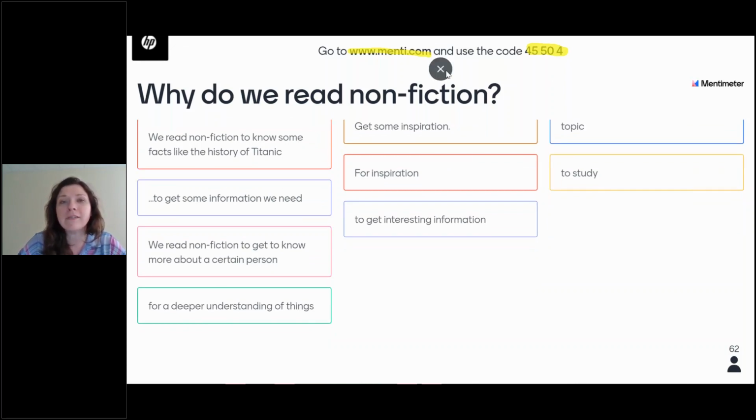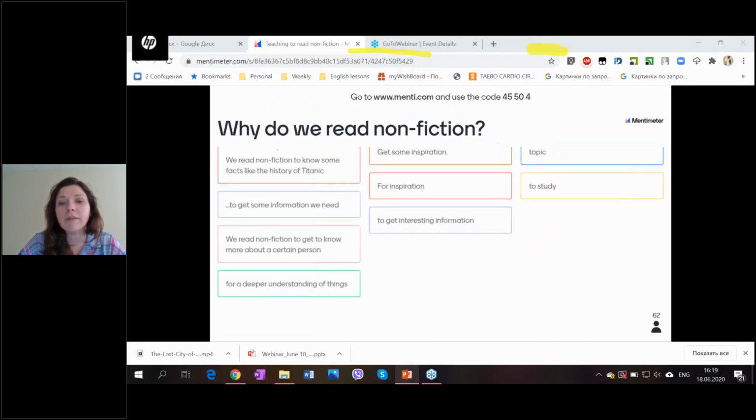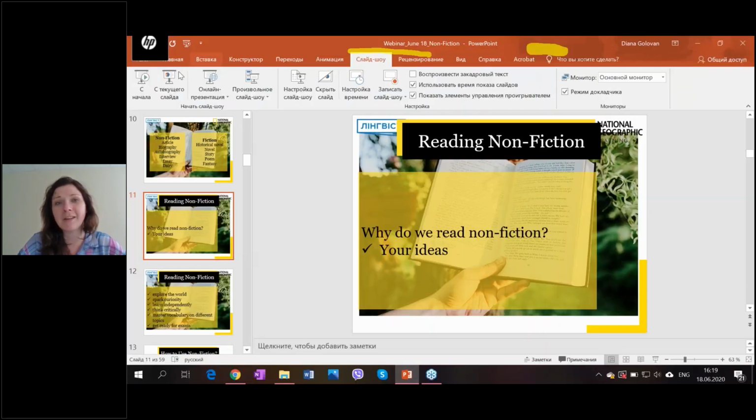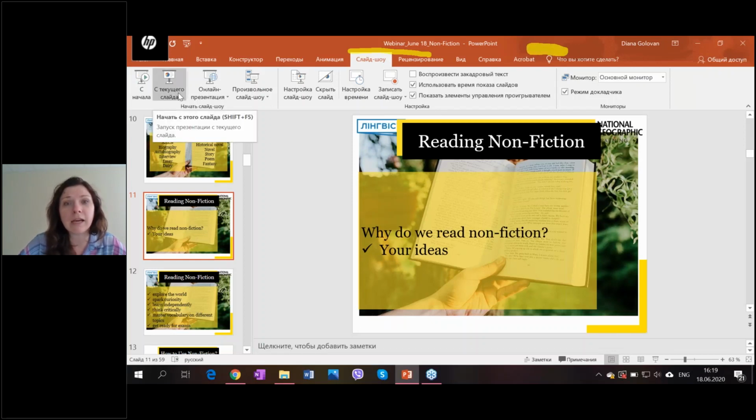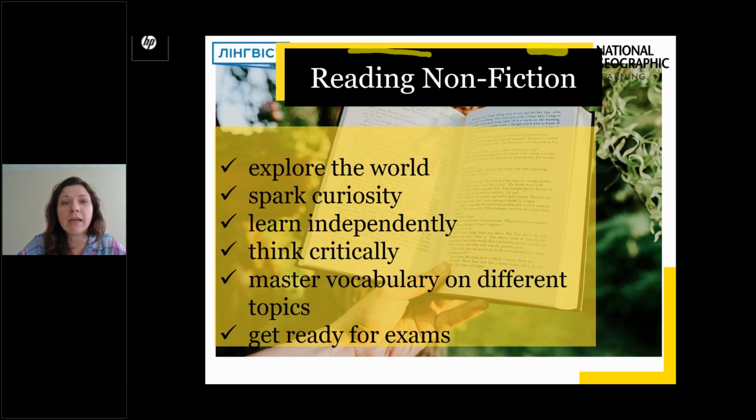So as you see, reading nonfiction is really one of the most important parts of our life, right? In our adult life, in our students' life, they need to read these things. So my ideas were not as many as you've given, but the main ones that I would like to highlight today are: explore the world, spark curiosity, understand how to learn independently, develop critical thinking, to master vocabulary on different topics.